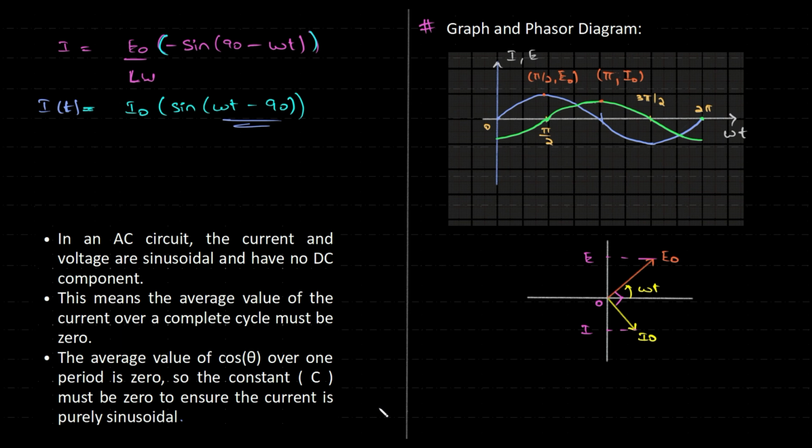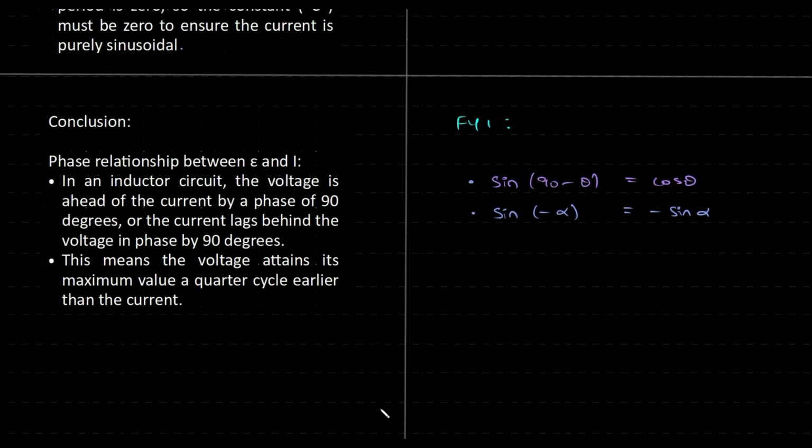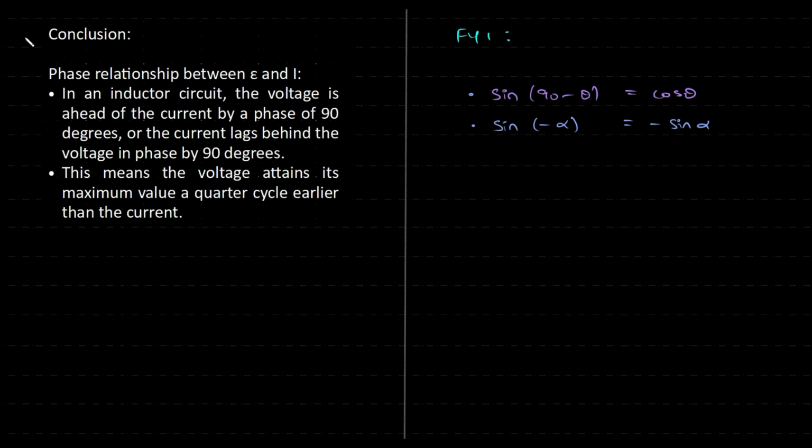So basically, we are trying to tell that the inductor is responsive in some sense. It will respond to the situation. That's the basic nature. Conclusion: the phase relationship between your voltage and current is such that the voltage is ahead of current by an angle of 90 degrees. That's it.